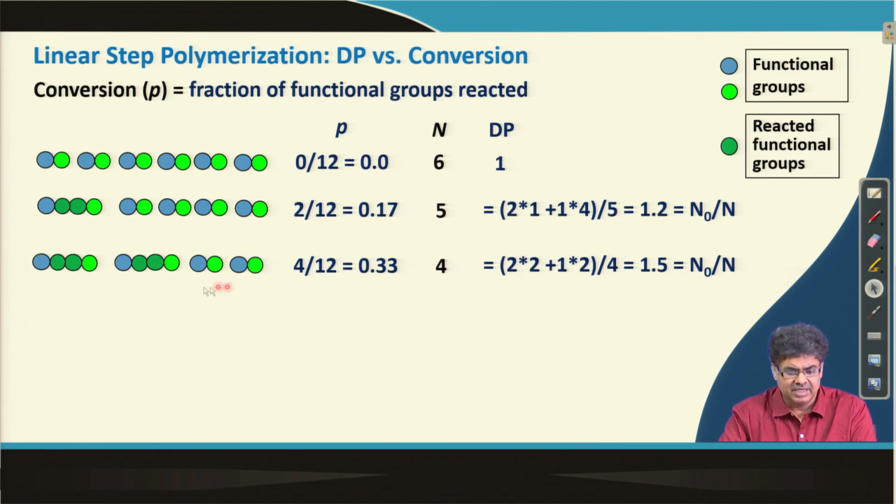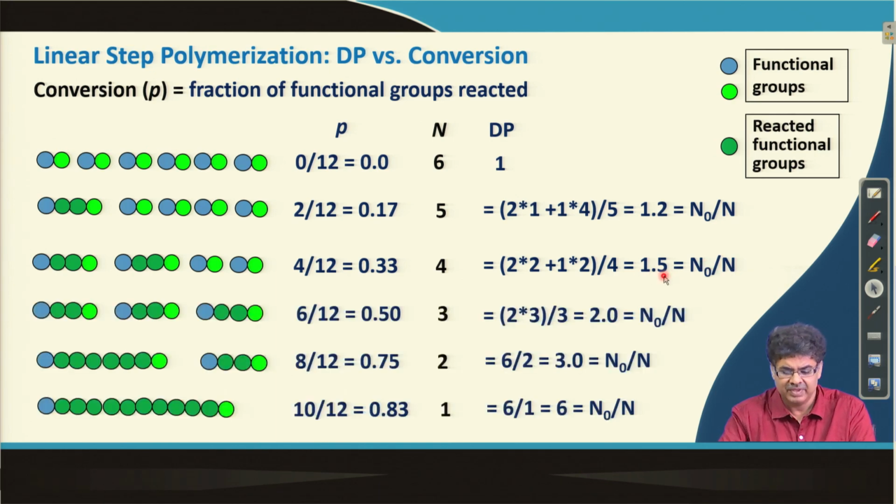reaction. When these two also react, now we get 4 molecules. The number of functional groups reacted is 4, so p is 4 divided by 12, 0.33, and the degree of polymerization, the total number of molecules present initially divided by the total number of molecules present now, is 6 by 4, which is 1.5.